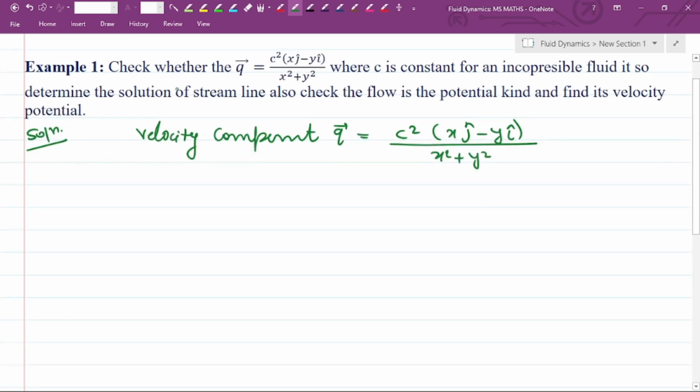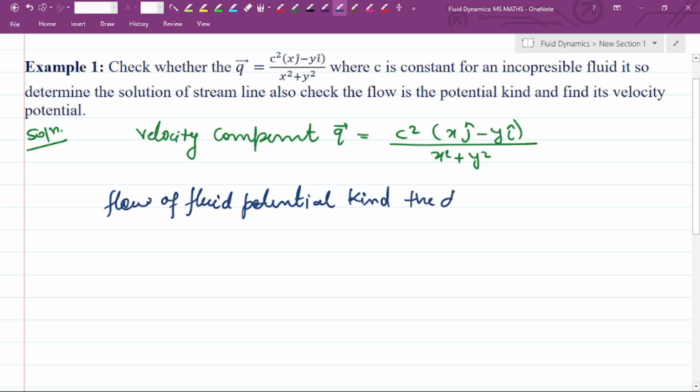Check whether the flow is of the potential kind. The meaning of the flow being of the potential kind is that the divergence should be 0. So we'll write: to check whether the flow of fluid is of the potential kind, then the divergence of q vector should be 0.